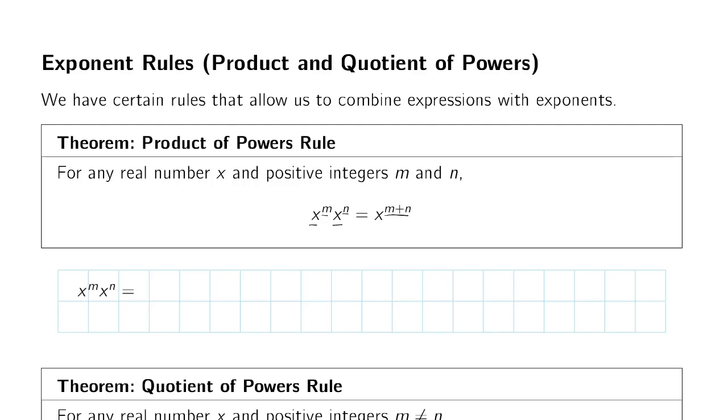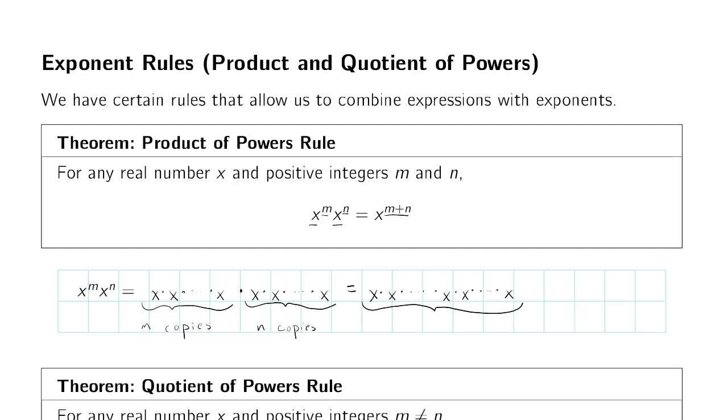And to see why, let's look at just how these are defined. So x to the m power, that's m copies of the number x multiplied together. And then x to the n power, well, that's just n copies of the number x multiplied together. And so if we put those together, well, that's m plus n copies.